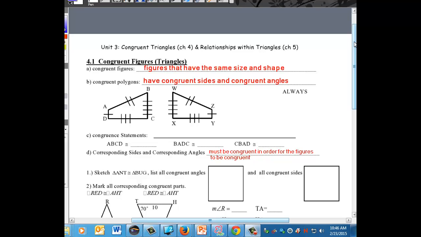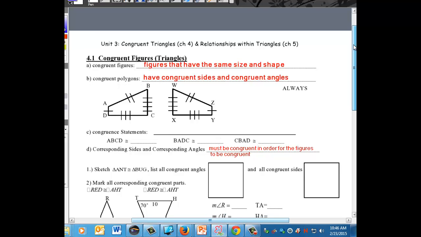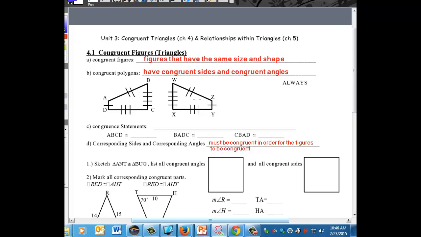So in our classroom we could say that the chairs are congruent to the other chairs, and that certain tables are congruent to certain tables. We can do the same thing with polygons, and these two shapes are quadrilaterals, also called trapezoids, but we just want to make some congruent statements.